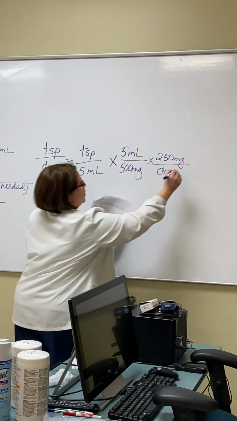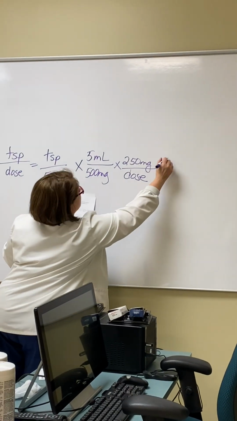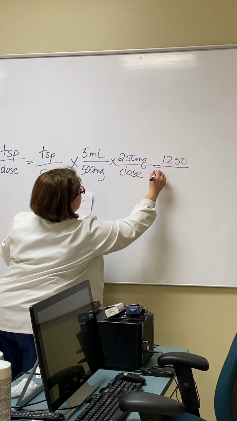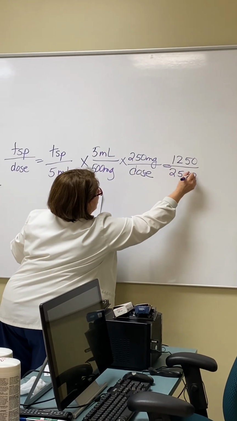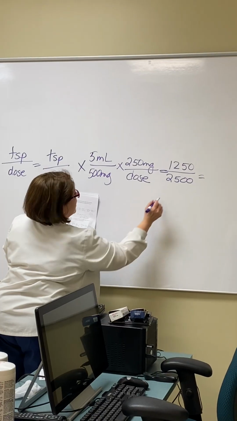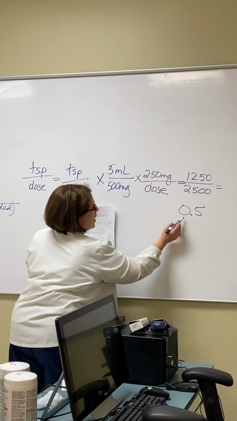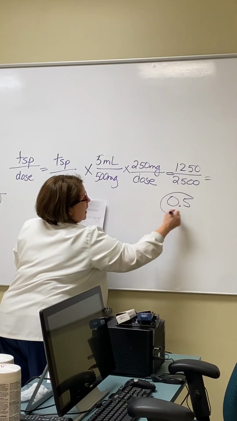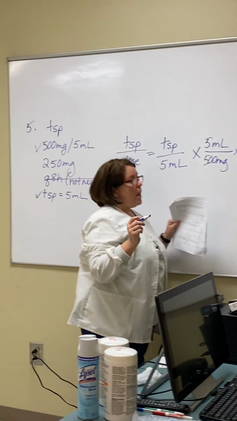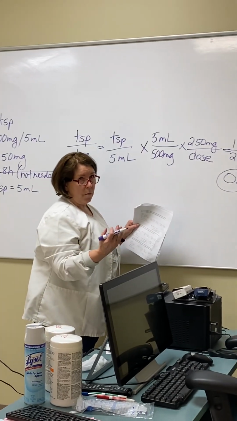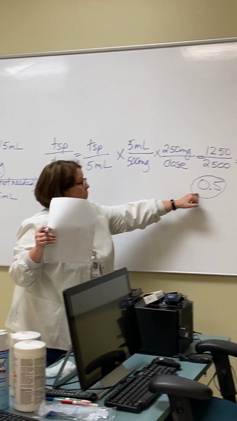This comes out to 1250 over 2500, which equals 0.5. Leave your answer just like this. And also, when you have an answer that is less than 1, you have to have a leading 0. Remember that. So it's 0.5.